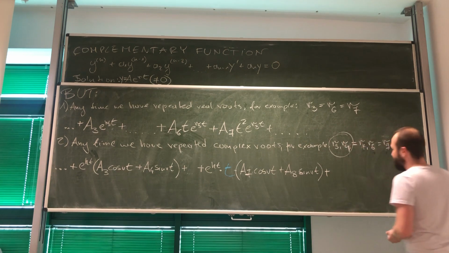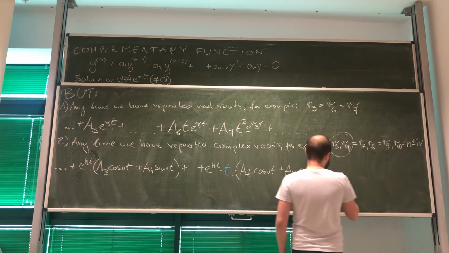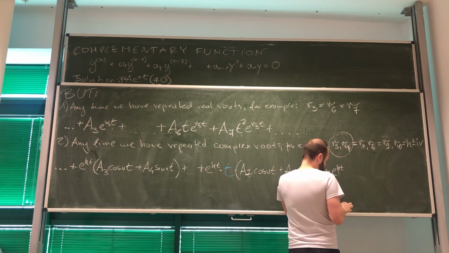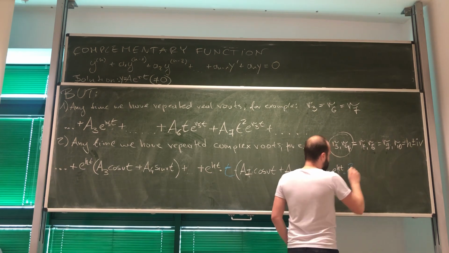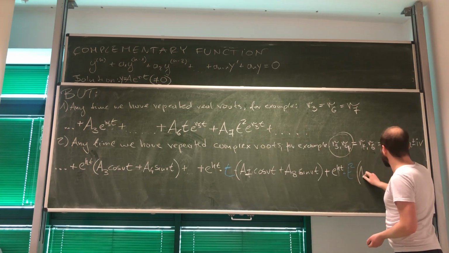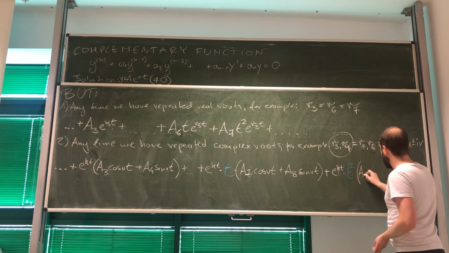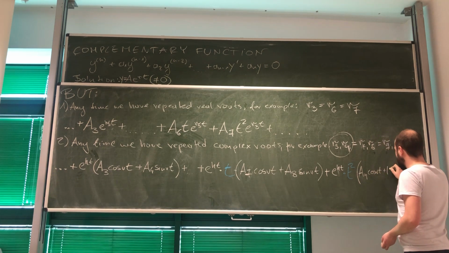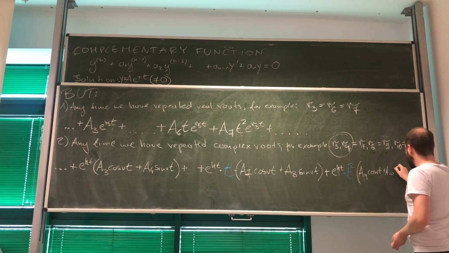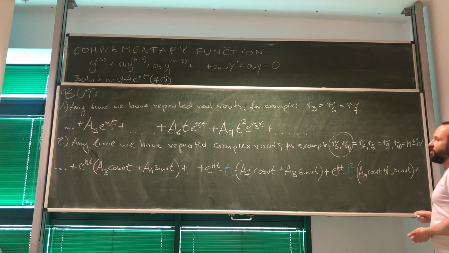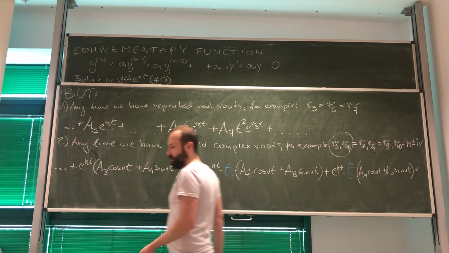And then the next would be, as you can probably guess, e to the power ht times t squared, of course, times a9 cosine vt plus a10 sine vt, and plus other components of this complementary function.